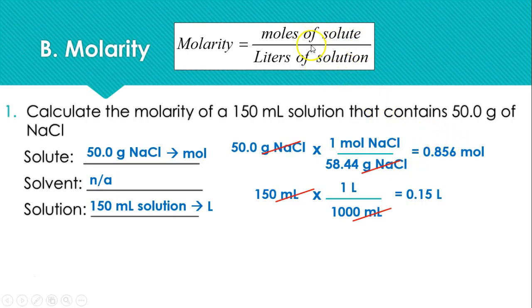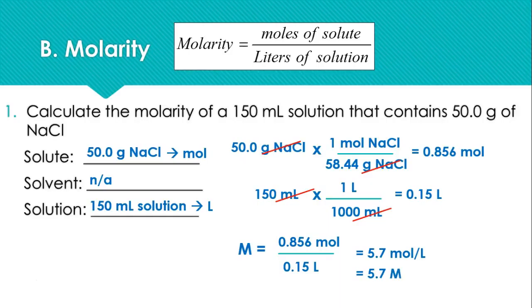So here's what we'll do. We'll take the moles of the solute, divide by the liters of solution. So molarity is equal to 0.856 moles divided by 0.15, and I get 5.7 moles for every 1 liter. So that means in this solution, if I have a liter of this solution, there will be 5.7 moles in it, moles of sodium chloride.